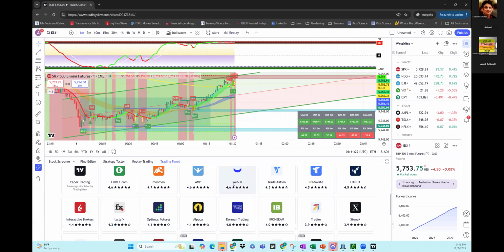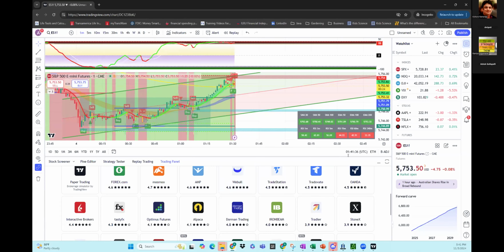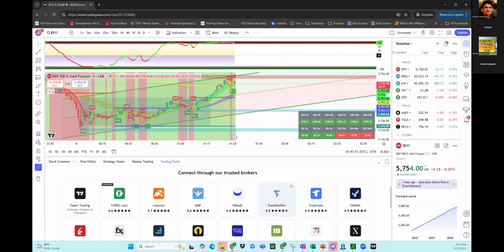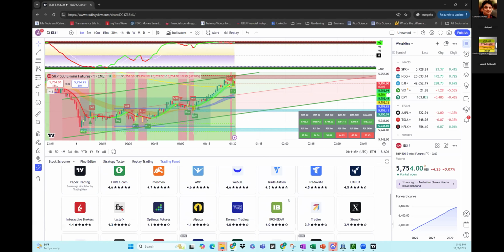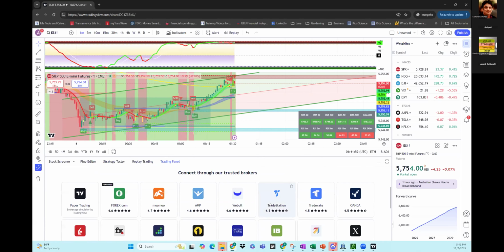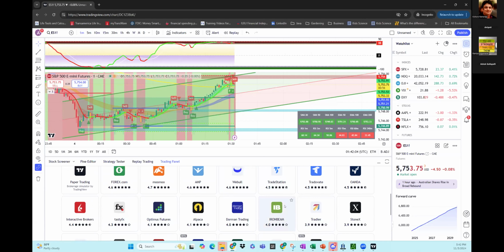If you buy stocks or futures, that will happen in your Webull account. You can connect to different brokerages for crypto, Indian stocks, US stocks or futures. But they don't have E-Trade or Thinkorswim. That's fine.